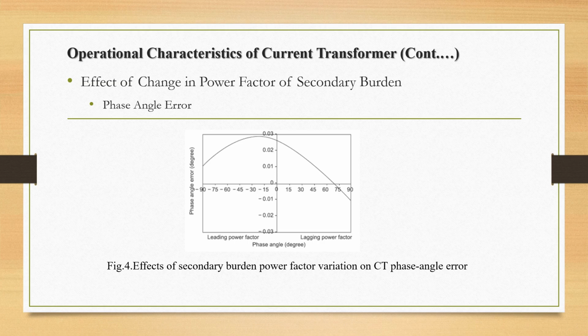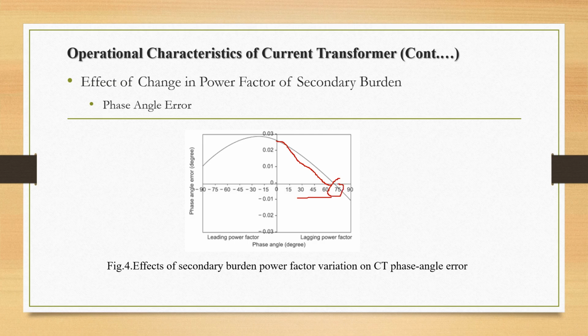It is positive till a certain value. After a certain value, the phase angle error crosses over the axis and turns negative.